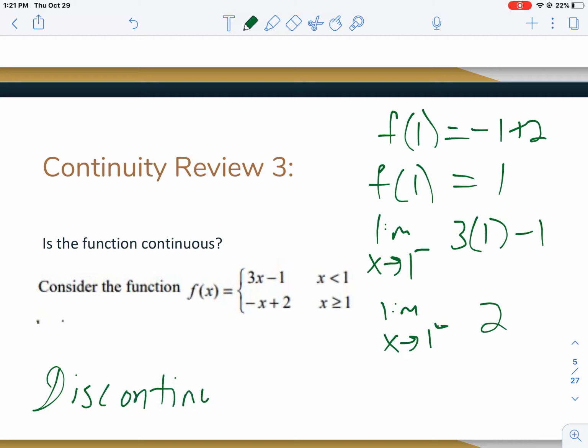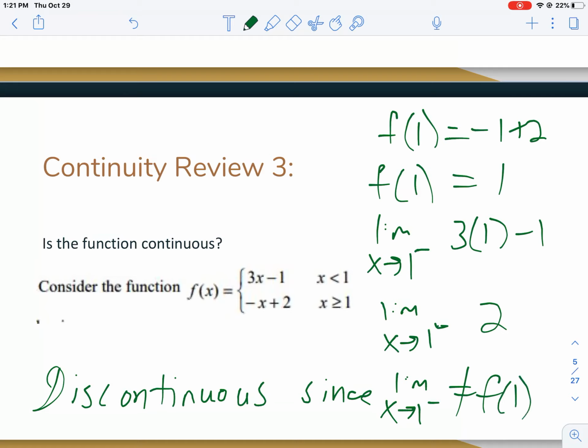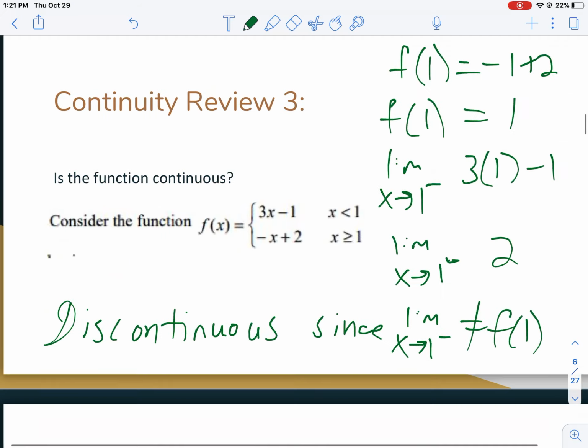Discontinuous, right? And we would say, since the limit as x approaches 1 from the left is not equal to f of 1. Okay, so as long as you see two of them don't match, we don't have to check the limit as x approaches 1 from the right, because we already know the limit from the left and the function value are not the same. Okay?